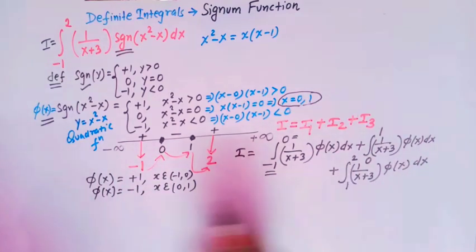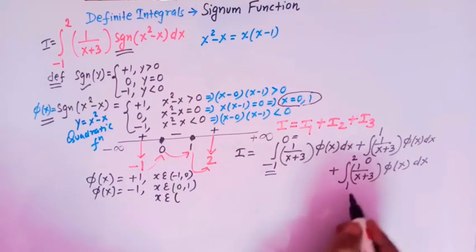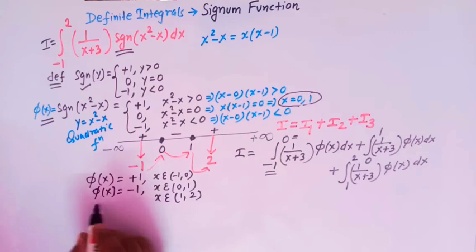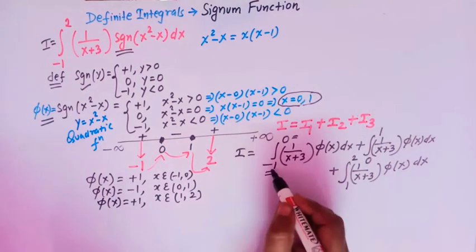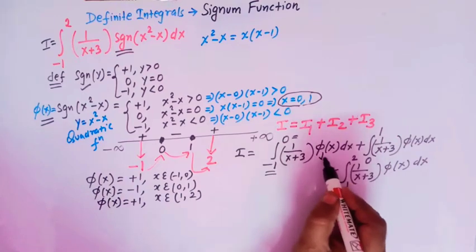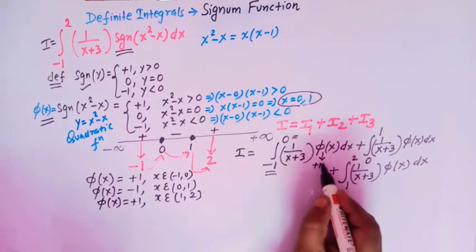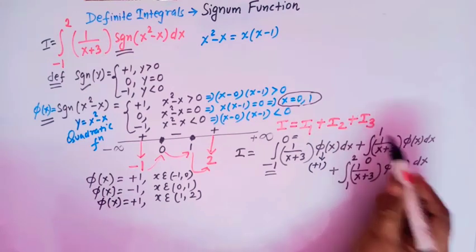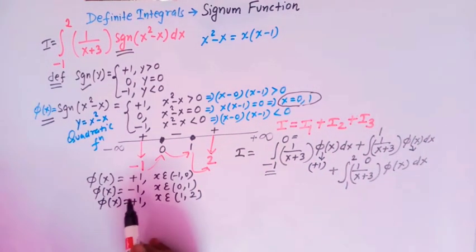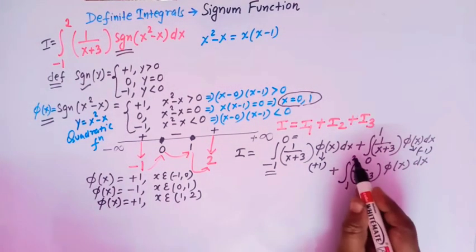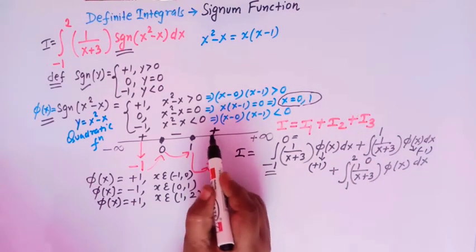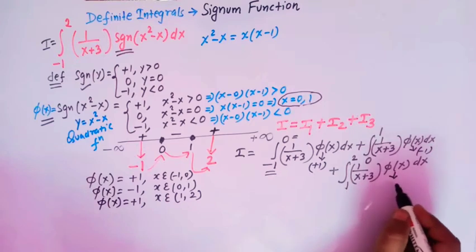And when we have x belonging to the interval 1 to 2, then the value of phi of x is plus 1, right? So when x varies from minus 1 to 0, the value of phi of x is plus 1. When x varies from 0 to 1, then the value of phi of x is minus 1, and when x varies from 1 to 2, here we have the positive sign, so the value of phi of x is plus 1, right?